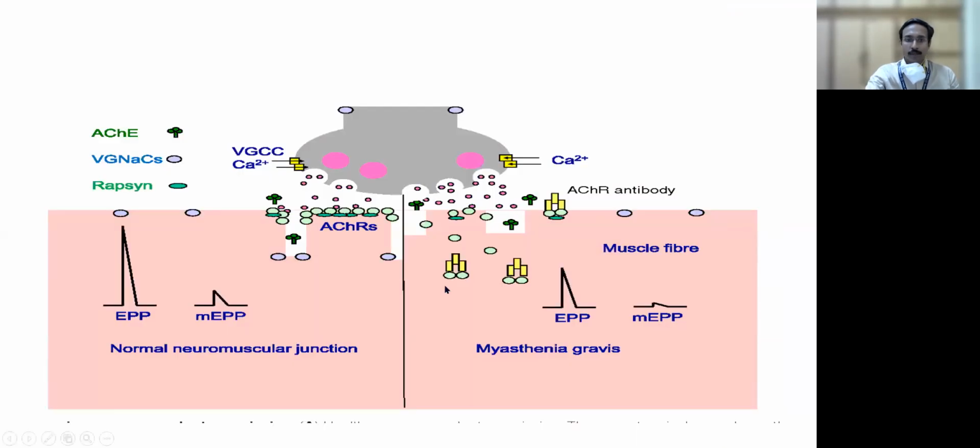This is just a diagrammatic representation. Each acetylcholine comes to the postsynaptic receptor, binds to the acetylcholine receptor, and produces small depolarization changes on the membrane, called MEPP, and multiple such MEPPs get summated to form the end plate potential.